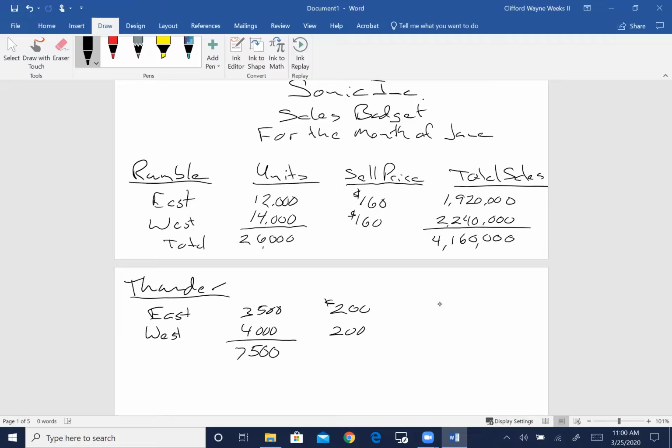And so we just have to extend those. That gives us 700,000 and 800,000.